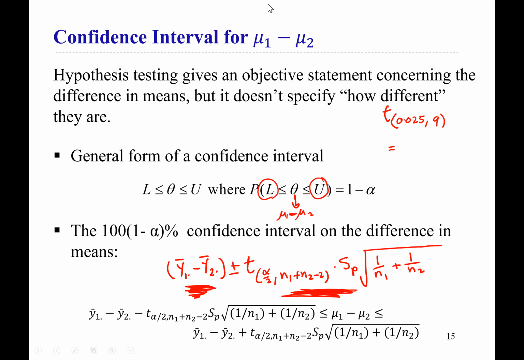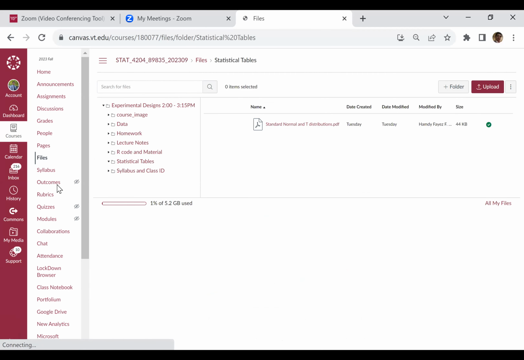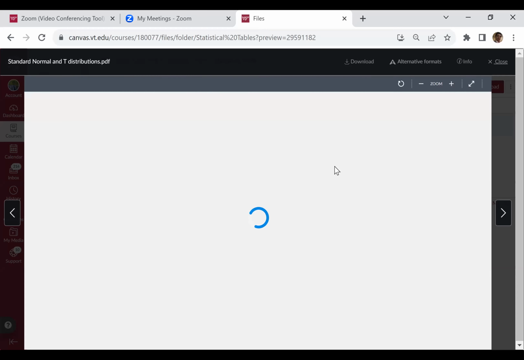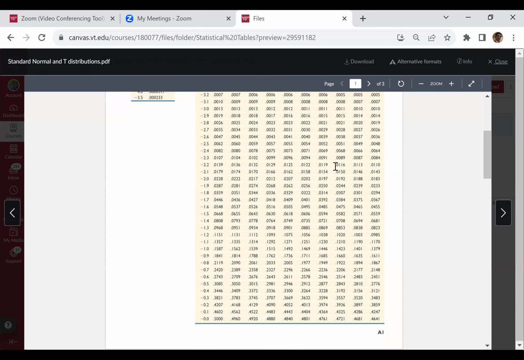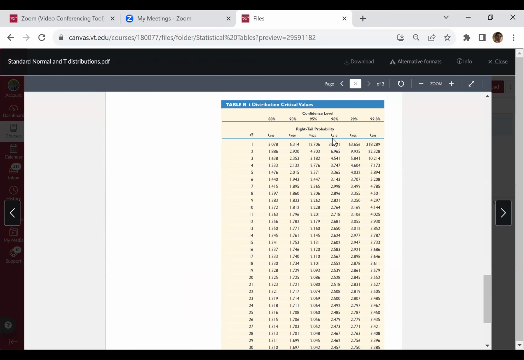Let me show you how to find them. Let's go to our Canvas page, because I already uploaded the t distribution and the normal distribution. When you click on this one, the first 2 pages are for the standard normal distribution, and the last page is for the t distribution. The first column is degrees of freedom.